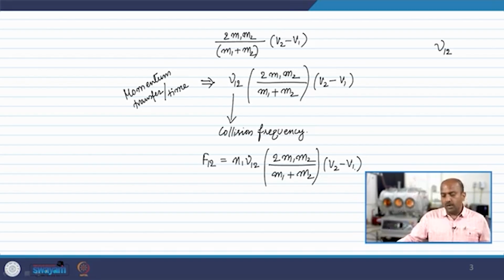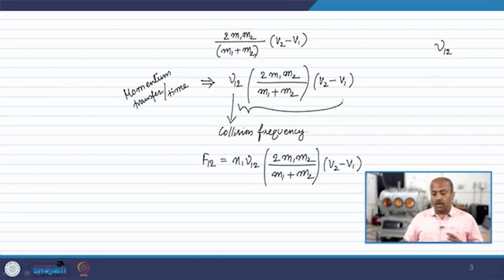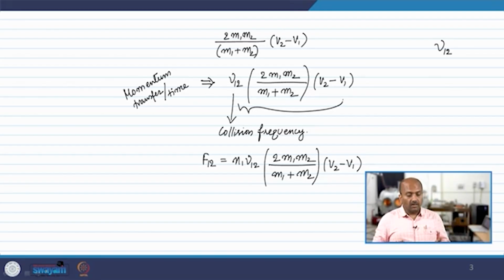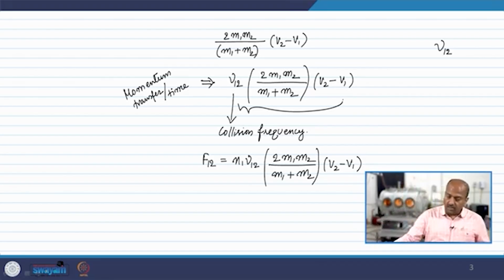What is N1? N1 is the number of particles in class 1 per unit volume, multiplied by the average amount of momentum transfer. When you multiply by the number of particles, you get the force exerted on species 1 when they collide with species 2, and this is the force per unit volume.